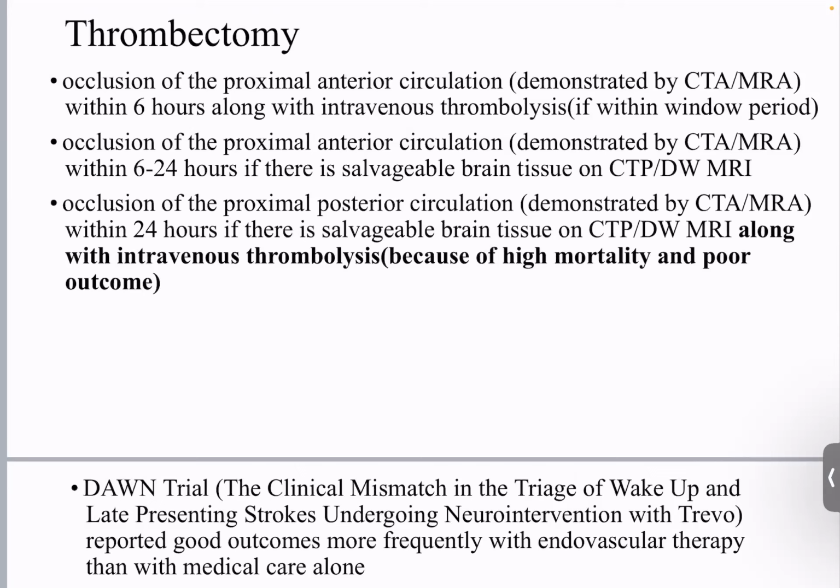Similarly, for posterior circulation stroke, we can go up to 24 hours. The time interval for thrombectomy is also up to 24 hours. If there is salvageable brain tissue, it is not 6 hours, it is 24 hours. Sorry, I was trying to tell about T2 FLAIR mismatch. So in MRI, we can either look for a diffusion perfusion mismatch or a T2 FLAIR mismatch.